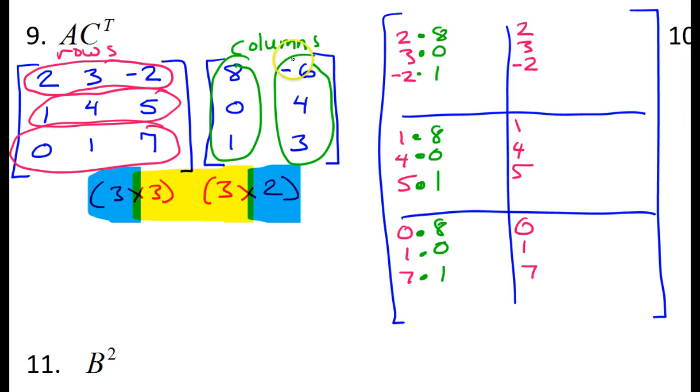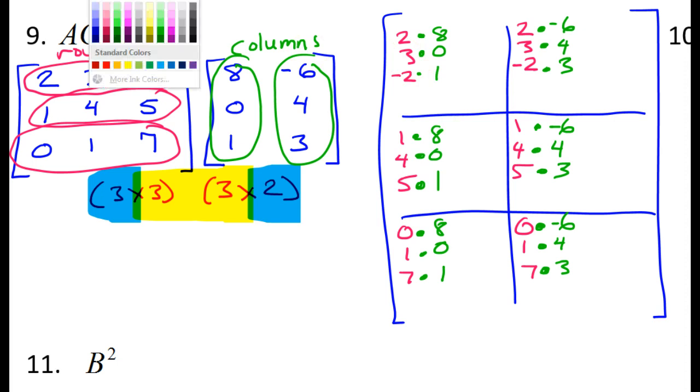And yes, you guessed it, column 2 goes down column 2. So negative 6, 4, and 3. And this is all multiplication. So it's time to do that multiplication that I have set up right now.